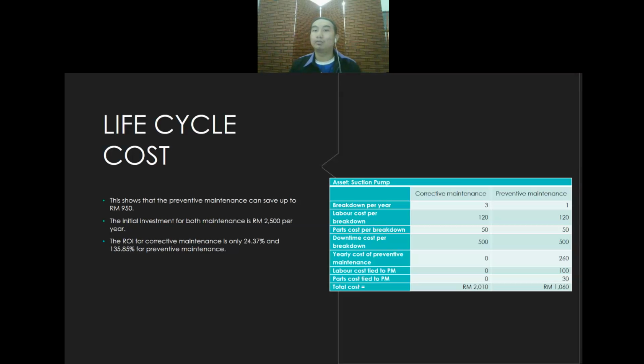Firstly, the breakdown per year. This cycle cost is really by year. The breakdown per year is 3 times for corrective, and only 1 time for preventive. As for the labor cost per week of breakdown, it is 120 for both.